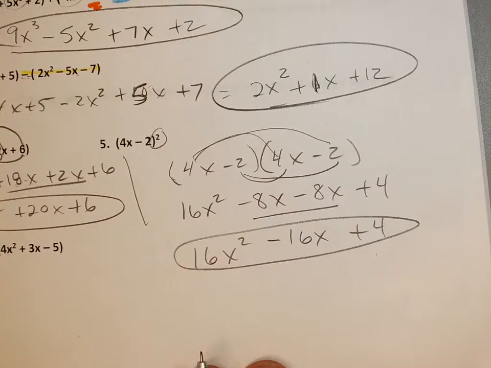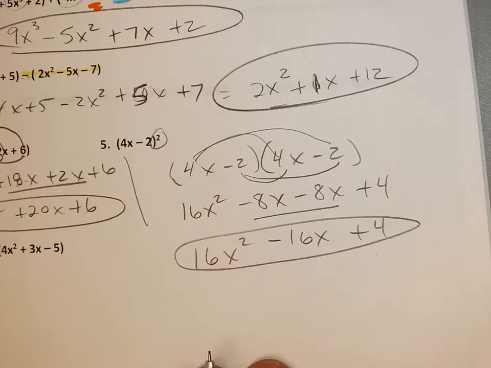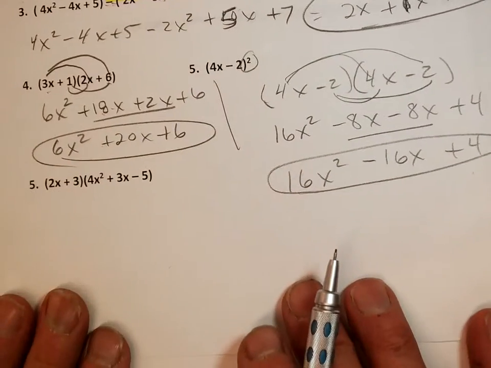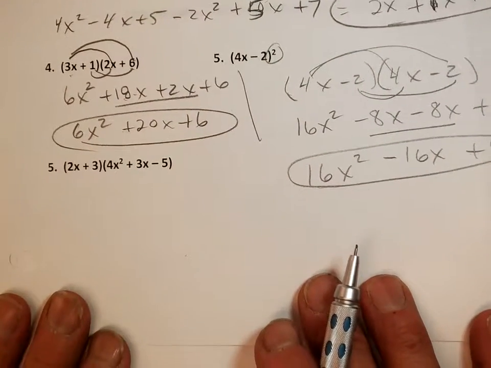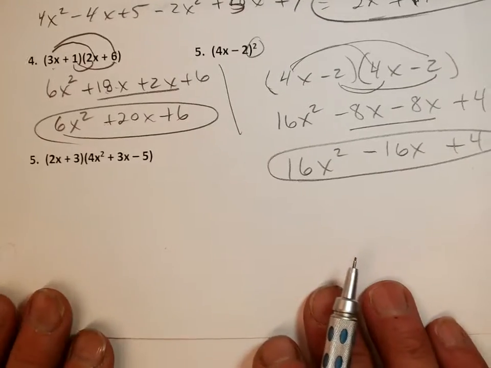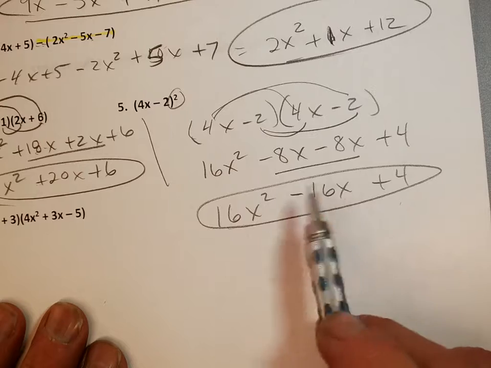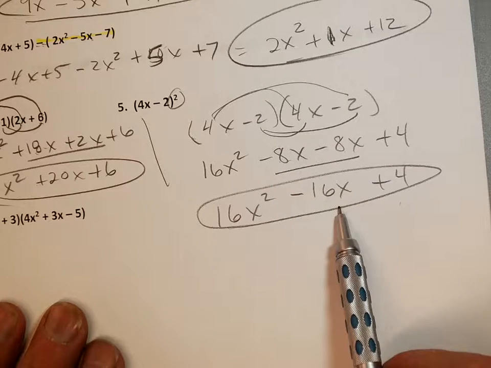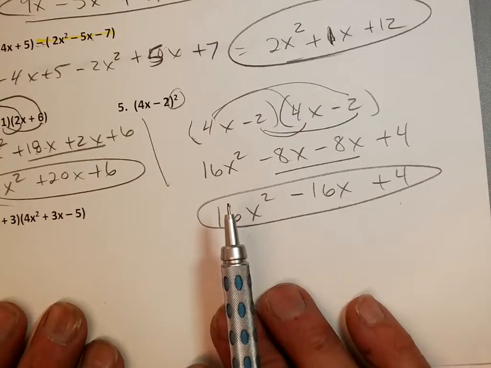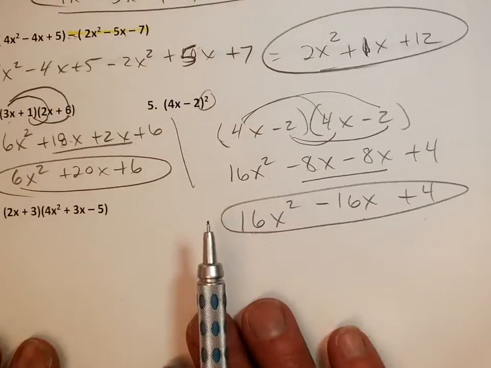It's easy. Just don't make mistakes. Yeah, Max? Did I just make a mistake, or are you supposed to add the negative 8x's? I added these. I got negative 16, yes. That's okay. Always question me, Max, okay?